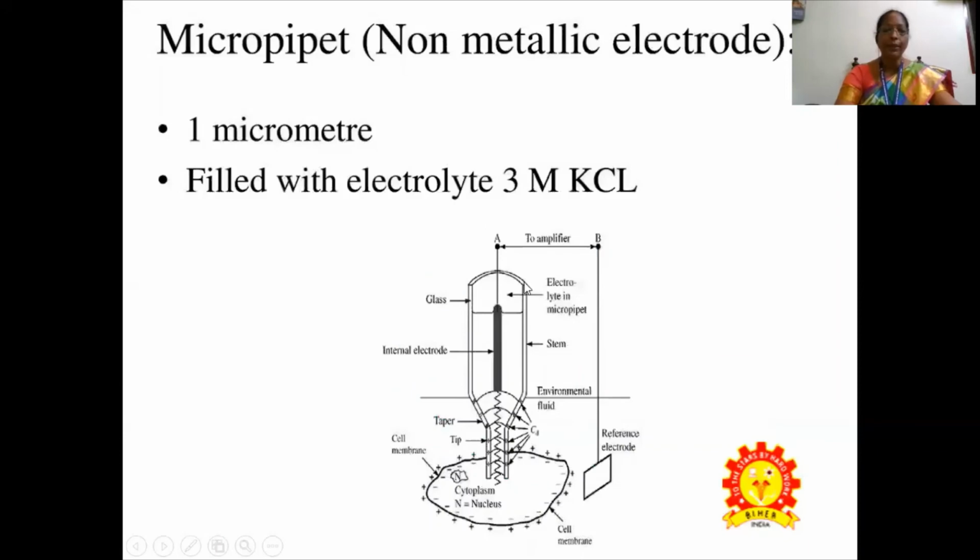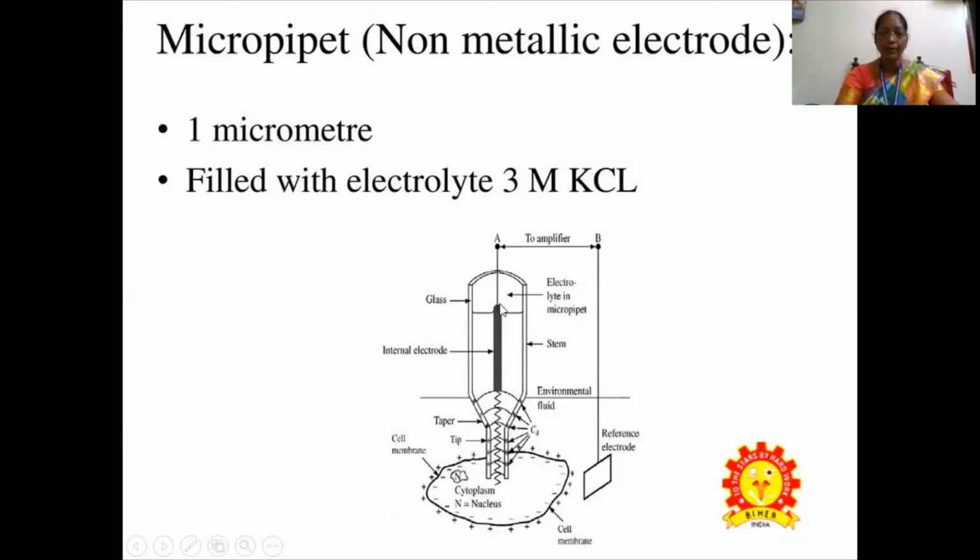This is a micropipette electrode being placed on the tissue. How it is placed on the nucleus and the cytoplasm is shown, and how it looks. It is 1 micrometer, filled with an electrolyte of 3 M KCl, potassium chloride.